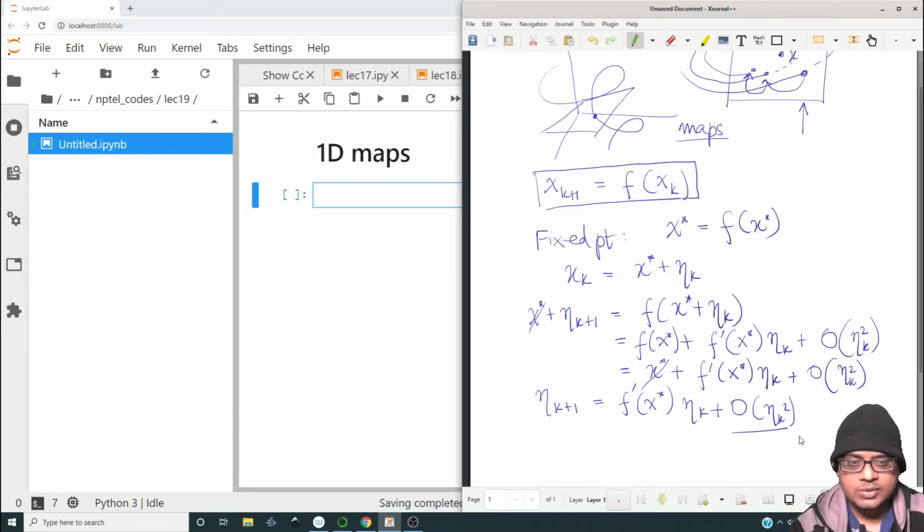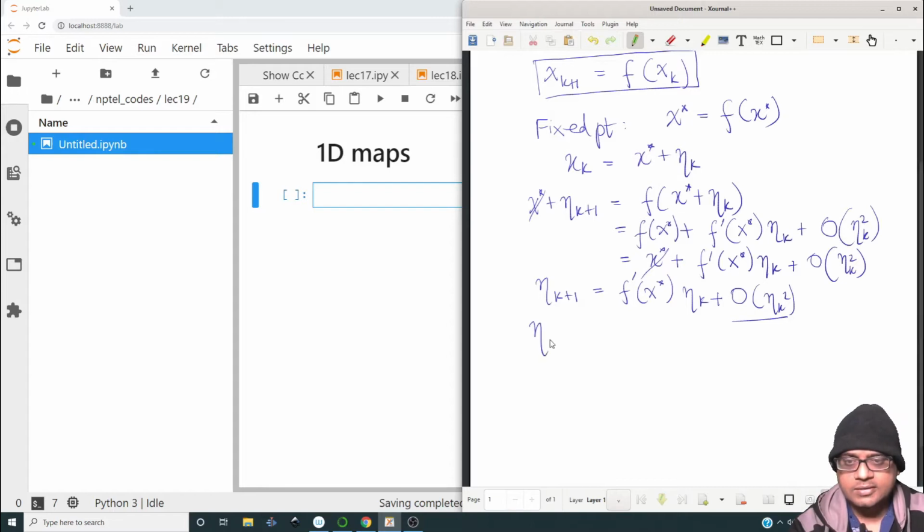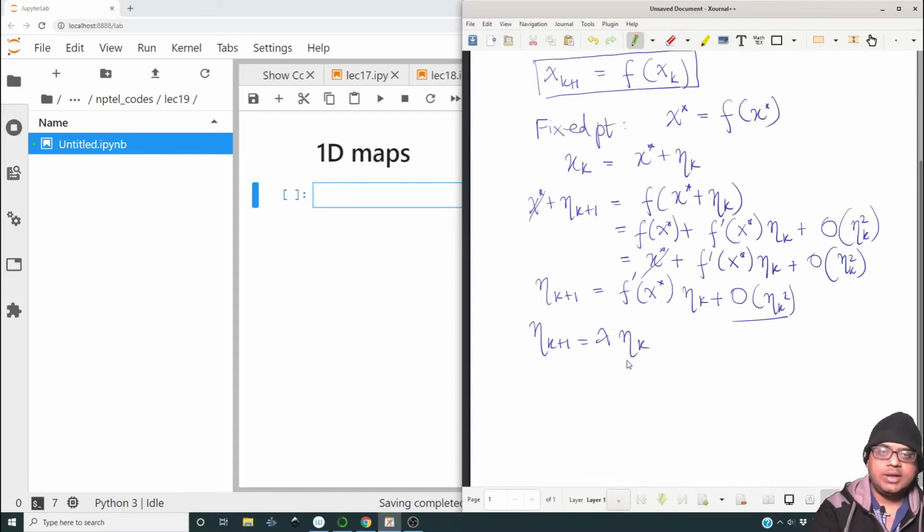Now if the higher-order term can be neglected compared to this, then the evolution is quite simple to write: eta k plus 1 is equal to lambda times eta k, where f prime at x star we call lambda. The eta k will decay if the magnitude of lambda is less than 1.